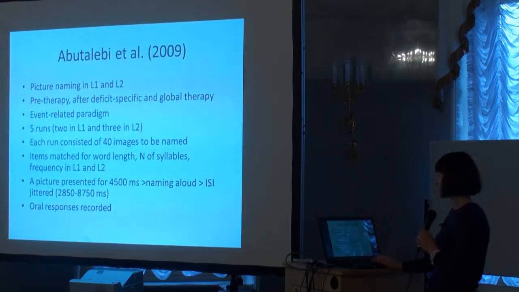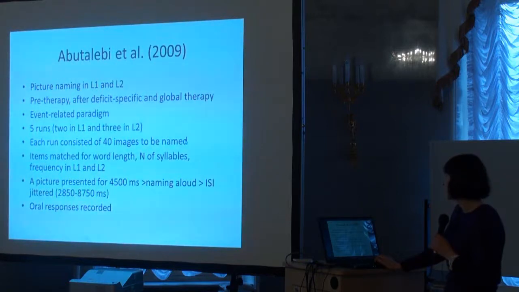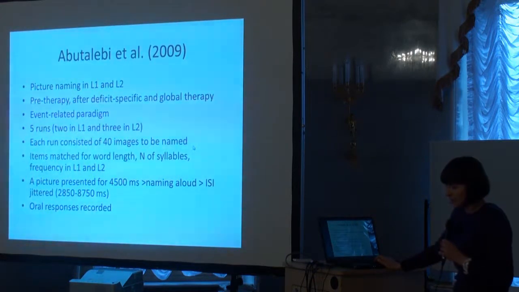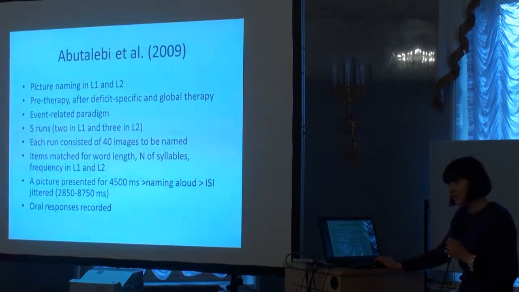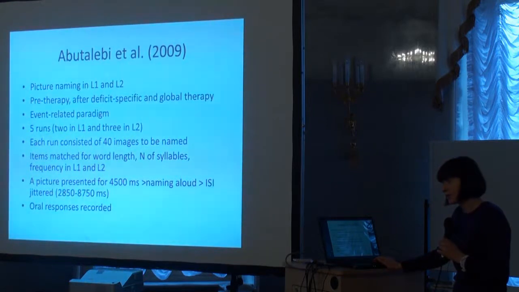Each run consisted of 40 images to be named. Actually, it is a tradition, and it makes very much sense to deliver your stimuli in at least 2 experimental sessions with a break between them in fMRI experiments.